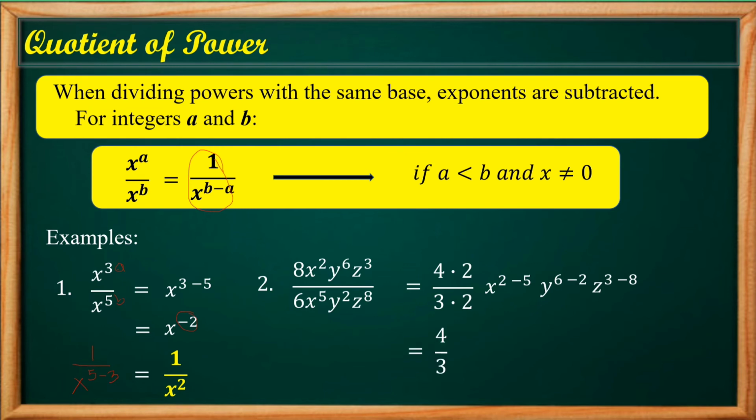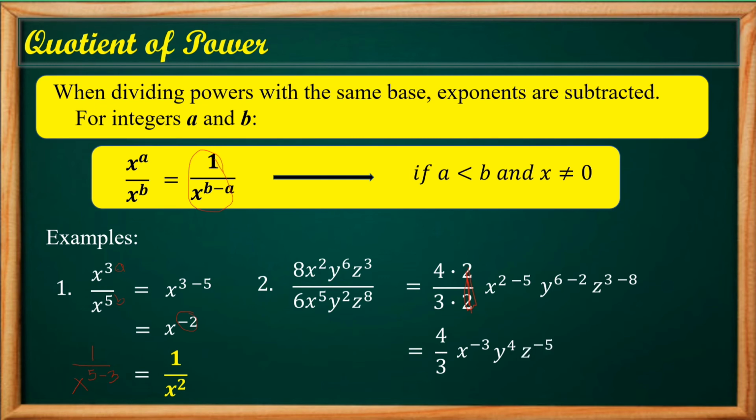Next, since the common factor is 2, we will cancel out this 2. Then you'll have 4/3. Then you will have here 2 minus 5, that is negative 3. 6 minus 2, that is positive 4. Then 3 minus 8 is negative 5.